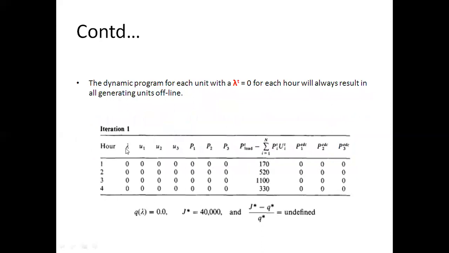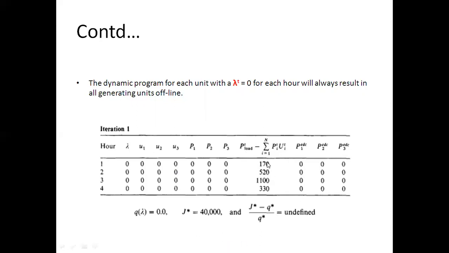When lambda t equals 0, all the values are zeros, which means each hour will always result in all the generating units being off. So there is no generation, and P load to the power t minus the summation over i equal to 1 to N of P i t u i t becomes just the load, because there is no generation.